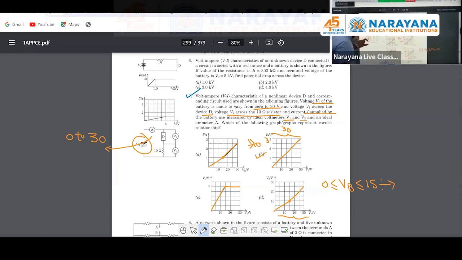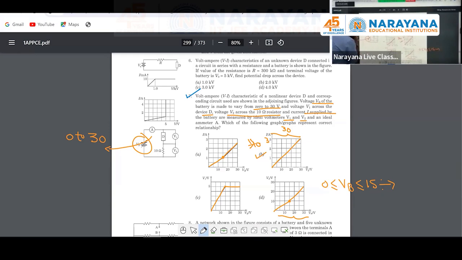Let's see what characteristic will that follow. That means you are saying the voltage that you are getting across 10 ohm, that is behaving from 0 to 50, but 0 to 10. Why? So after 5, everything is fine. So after it acquires a voltage of 5, that is the device.